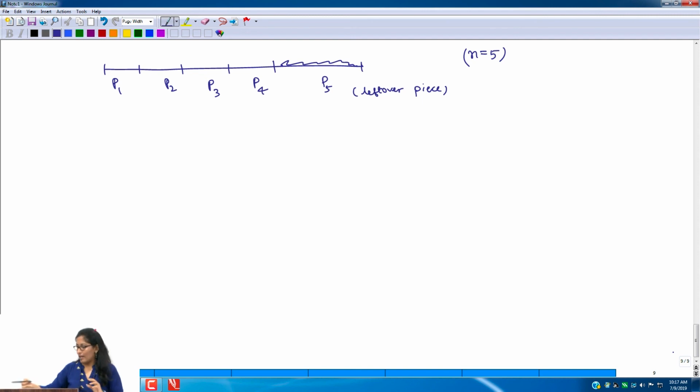So let's say, just for an illustration, there are 5 agents in the system, and therefore I just have valuations known for just 4 agents. The 5th guy is being secretive. So the 4 agents make such a cut, and this is a leftover piece which I call P5. Now each agent must have a backup piece somewhere ahead of it.